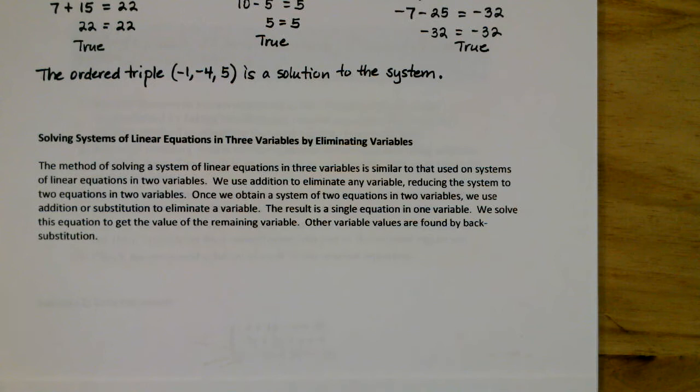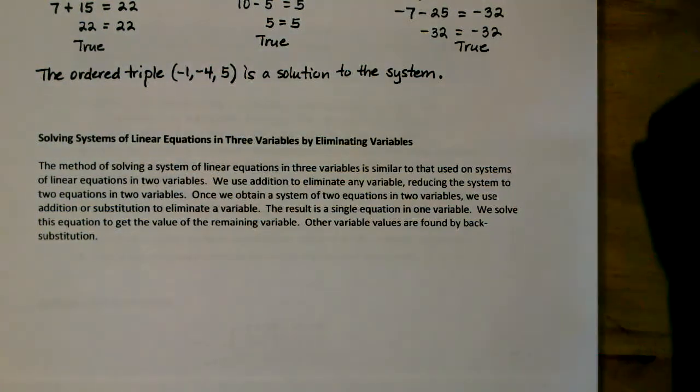Once we obtain a system of 2 equations in 2 variables, we use addition or subtraction to eliminate a variable. The result is a single equation in 1 variable. We solve this equation to get the value of the remaining variable. Other variable values are going to be found by using back substitution.